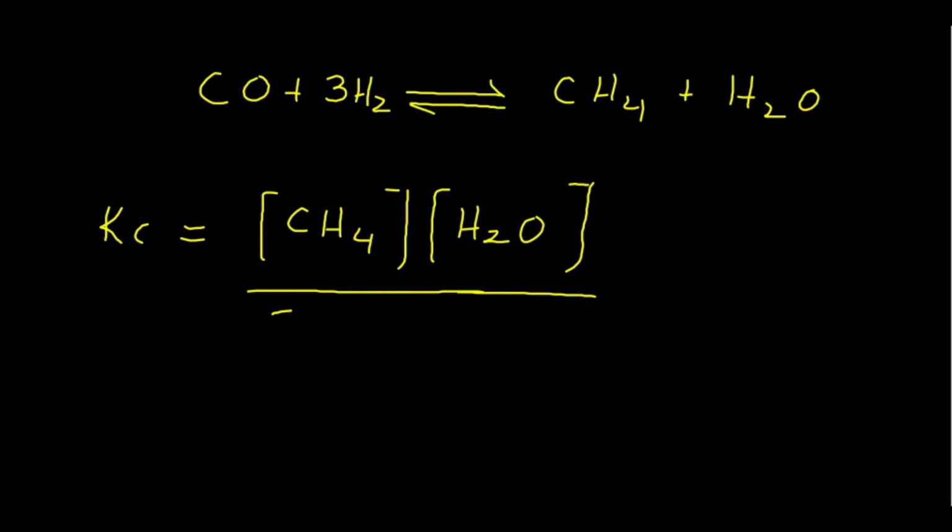Reactants are carbon monoxide, 1 mole is given, right students, we don't write 1. And how many moles of hydrogen are given? 3 moles. So 3 should be written in the form of power. Right students, I hope you understand how to write the equilibrium constant expression for the given reaction as well as the value of Kc.